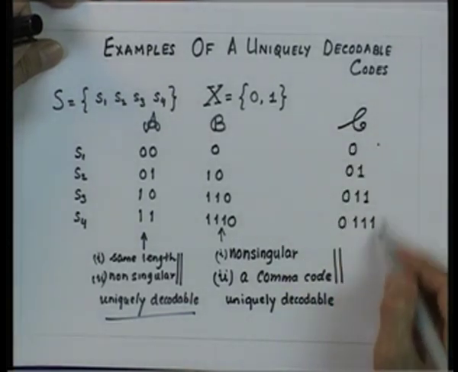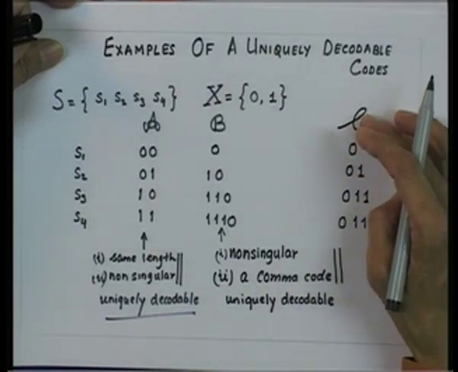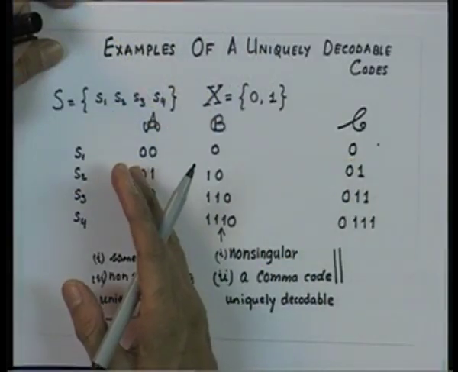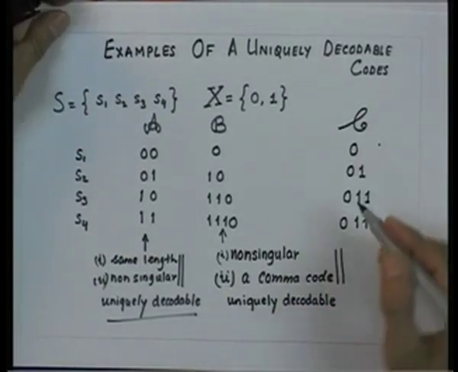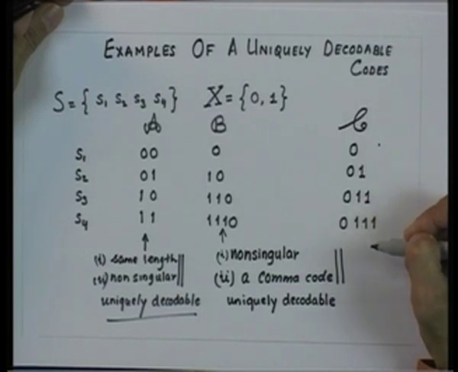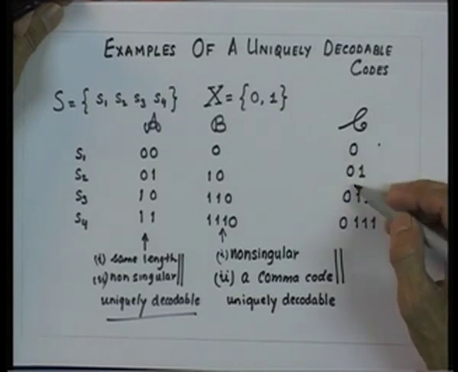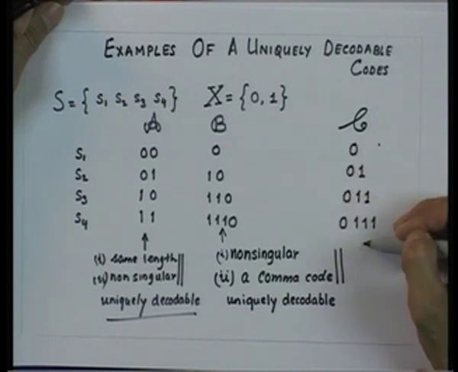This code C is again non-singular and this is a uniquely decodable code, but there is a difference between this code and the previous two codes A and B. The difference is that when I receive the sequence of code symbols, I am unable to decode the sequence of code symbols code word by code word as it is received.